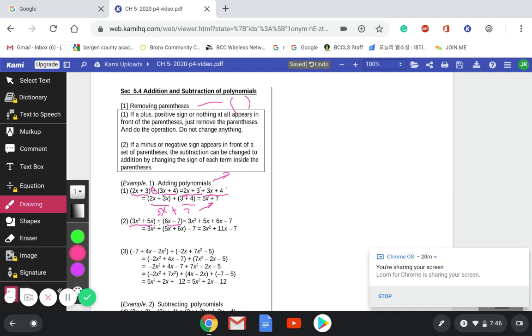So if I reread this, quantity of 3x squared plus 5x plus quantity of 6x minus 7, you just write it as it is when you have addition of parentheses. And then you combine the like terms. You have 3x squared, you have 5x and 6x, so you add, and minus 7. So that becomes 11x, and you end up with 3x squared plus 11x minus 7.